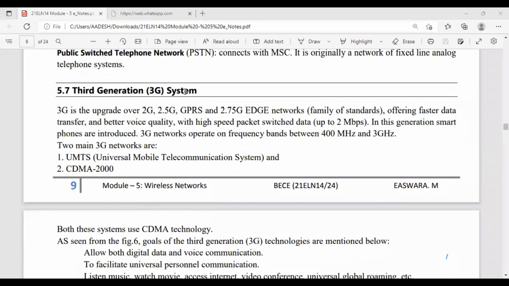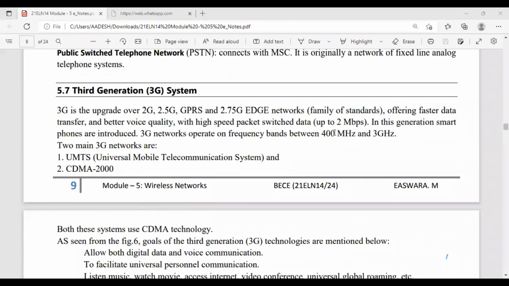But in the 3G system, this is where smartphones were introduced. Okay, so 3G networks operate on a frequency band between 400 megahertz to 3 gigahertz. Now the bands were very much extended.